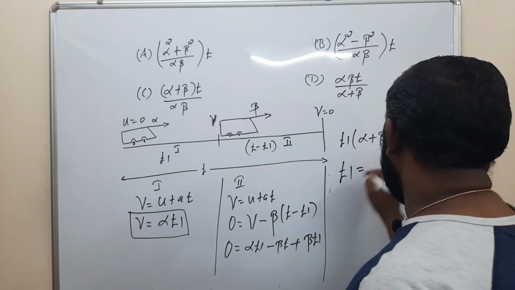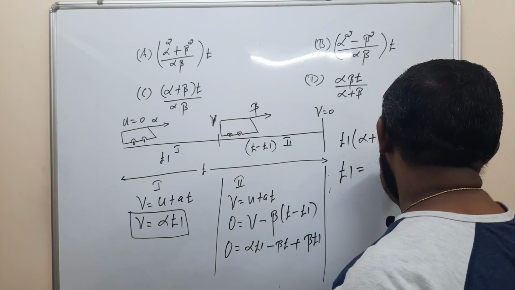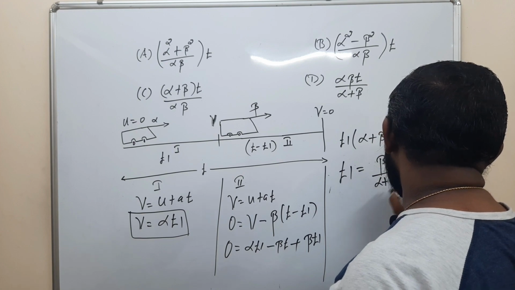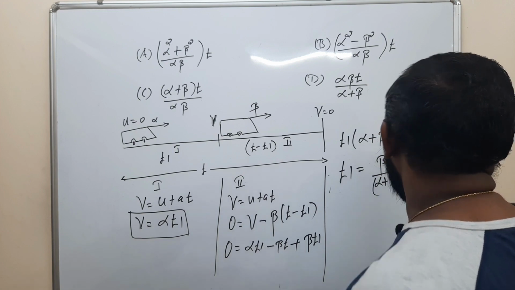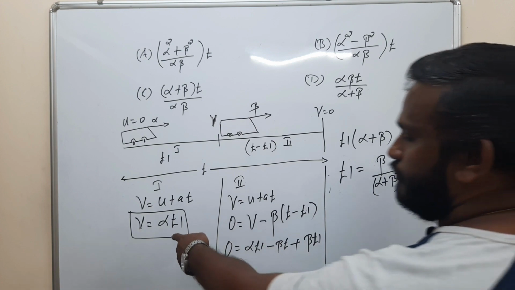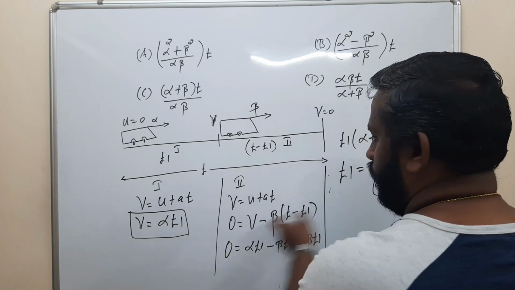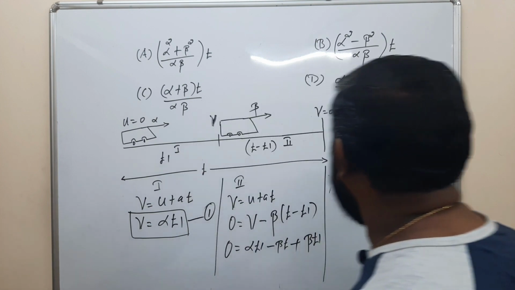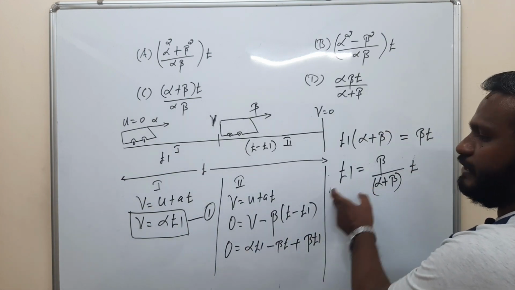So from this, t1 is equal to beta divided by alpha plus beta, into time t. Substitute this value of t1 in the first equation, equation number 1.